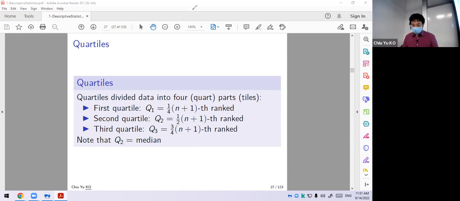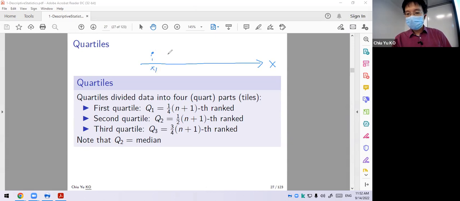So let's talk about quantiles. Consider data like this, X, this solid data. We have X1 here, and X2 here, and so on and so forth, until we have Xn.